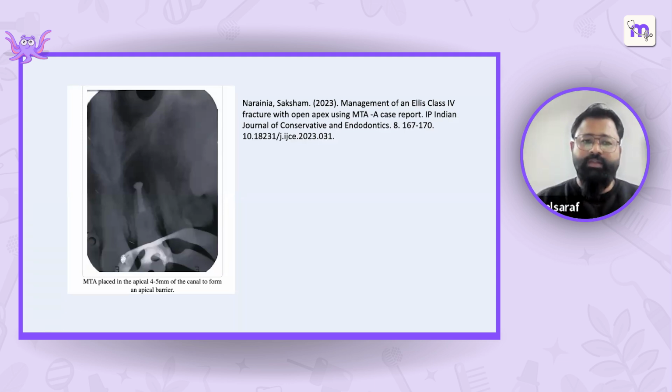So we are supposed to preserve such areas wherein we have open apex. The apex is not closed because of n number of reasons, trauma being one of them. In those cases we generally go ahead with closure of the apex with MTA barriers, the thickness being 3 to 5 mm, or 4 to 5 mm to be precise.